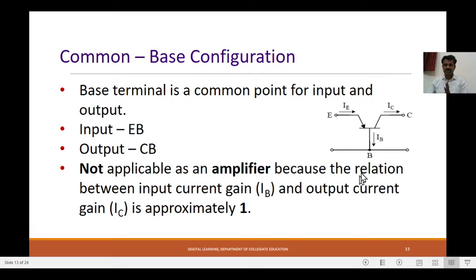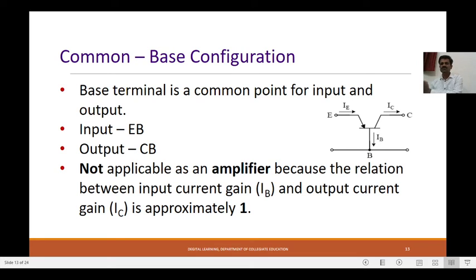Why? Because the relation between the input current IB and output current IC is approximately 1. The ratio of output to input, if you take it, you will get only 1. Therefore, it cannot act like an amplifier. For an amplifier, it should be larger than 1.